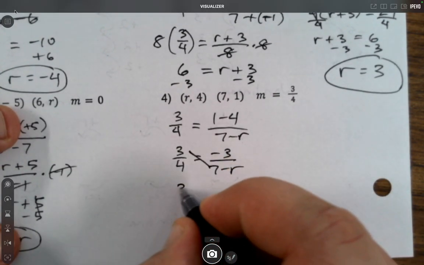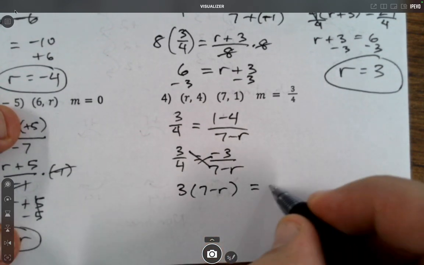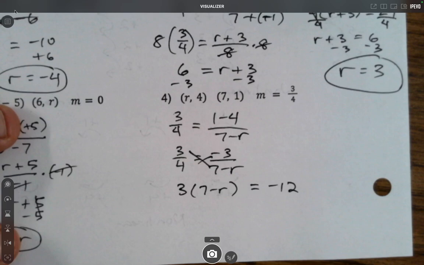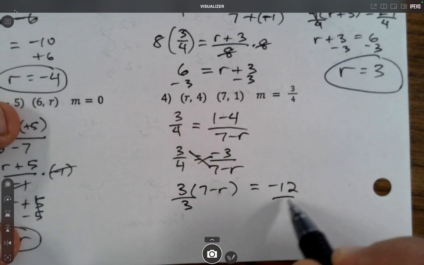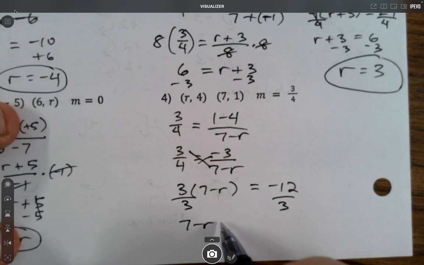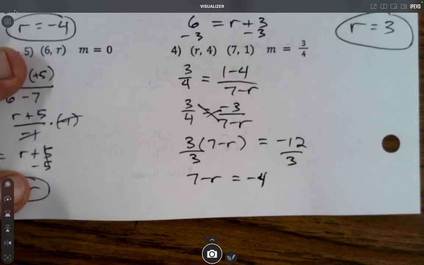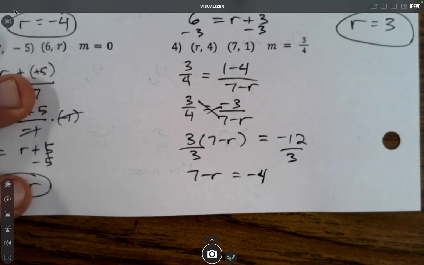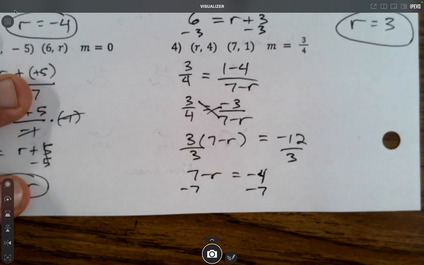So 3 times 7 minus r equals negative 3 times 4, which is negative 12. So like I said earlier, if you want to distribute, that's completely fine. I prefer to just divide both sides by 3 and get 7 minus r equals negative 4. So to get r by itself, I've got to get rid of that 7. It's a positive 7, so I'll subtract 7 from both sides.